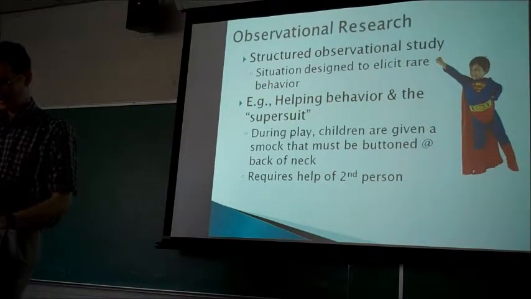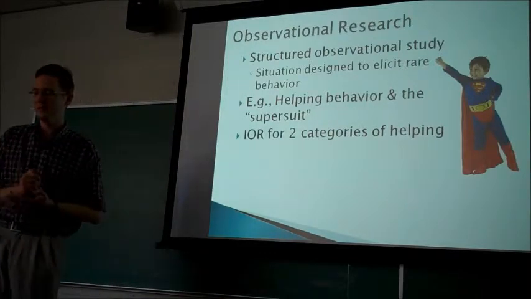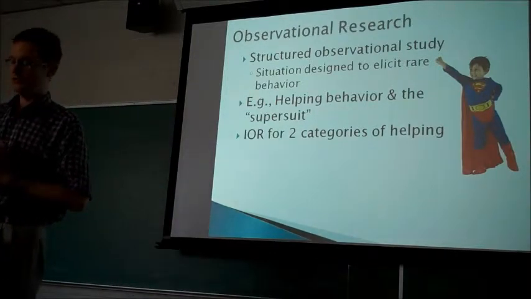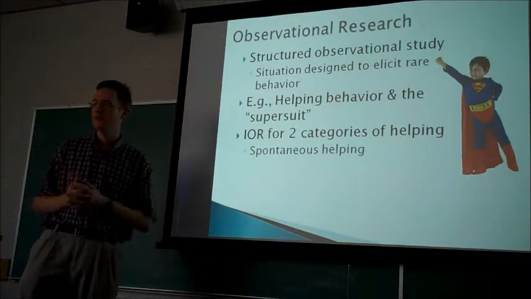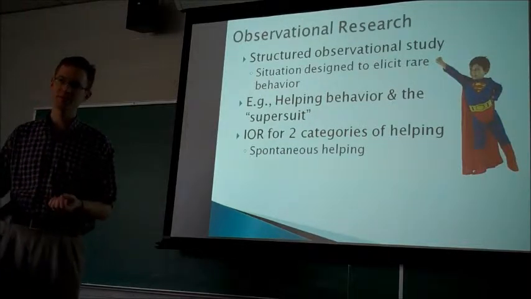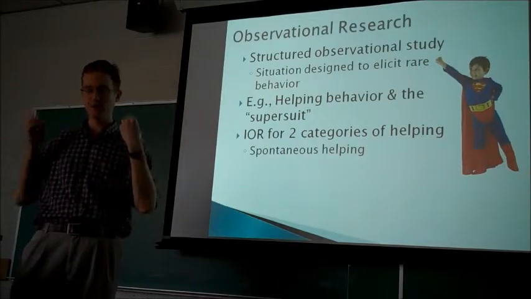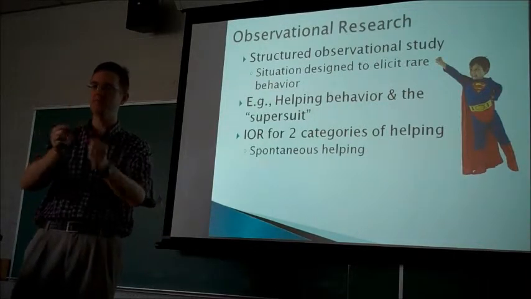Okay. So as I was saying, they looked at inter-observer reliability for 2 different categories of helping. They measured spontaneous helping. So when the children saw this child who's putting on the smock struggling with the button, do they spontaneously go over there and offer, hey, let me help you with that button?